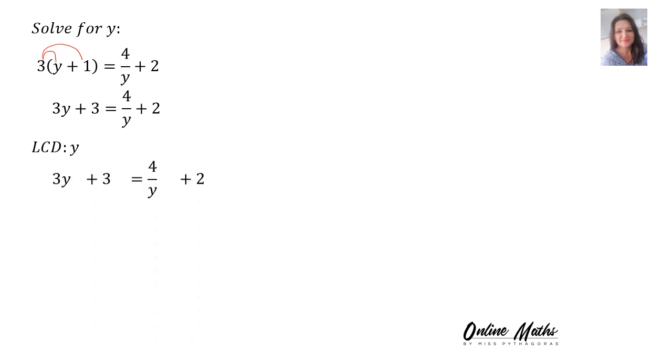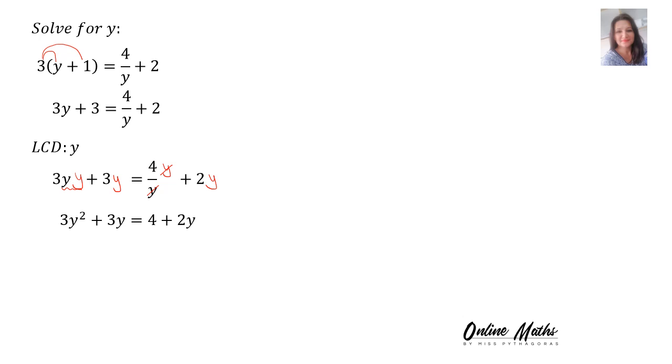What do I do with the LCD? I multiply every term by the LCD, and then it becomes 3y times y is y squared plus 3y is equal to, and then here on the 4, the y and the y will cancel, and I'm left with 4 plus 2y.